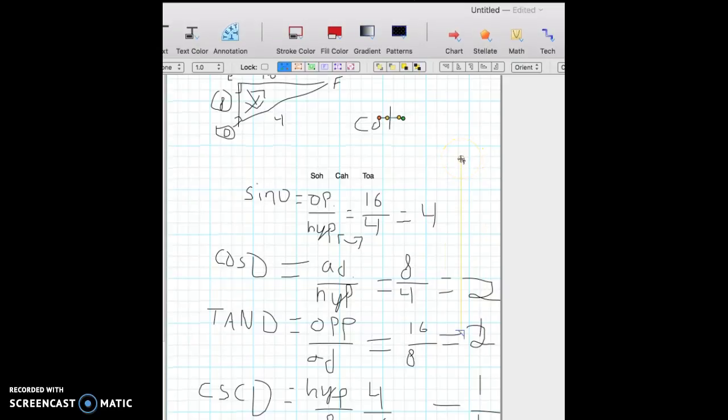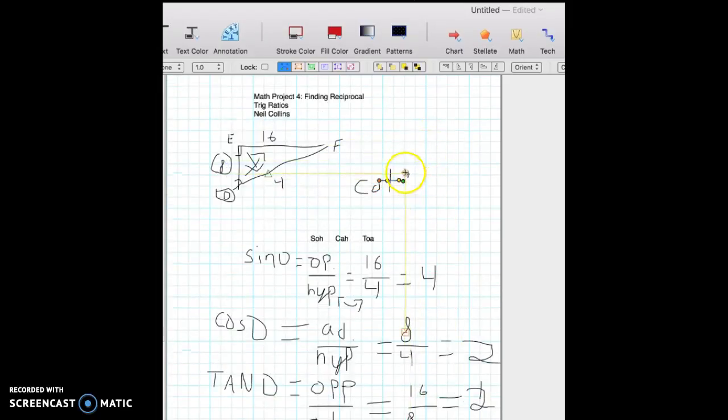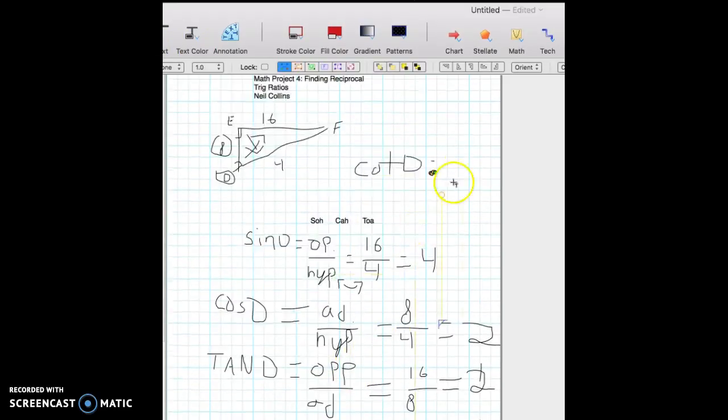This is going to leave us with adjacent over opposite. So cotangent of D is then going to be adjacent over opposite.